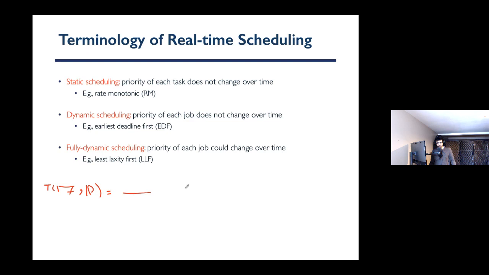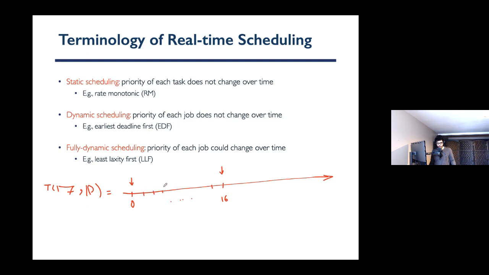It means that this task, if this is time starting from 0, every 17 time slots, after 17 time units, a new job from this task comes. So at time 0, the first job from this task comes.